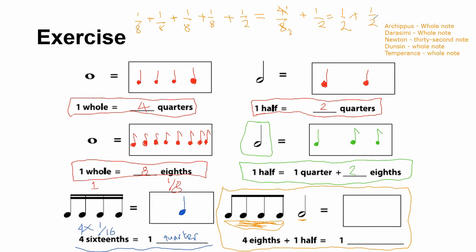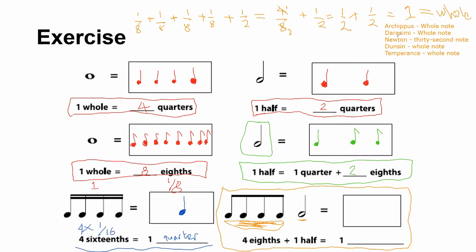And a half plus a half gives you what? 1. Okay? So 1 what is basically the question. Well, because we've added this up together and it gives us 1, the 1 is equal to a whole note. Because remember, the whole note represents the note by which other notes are named.